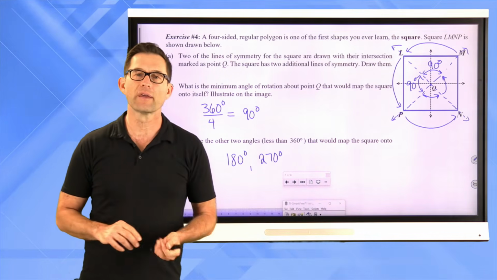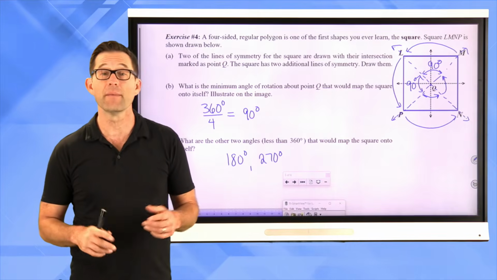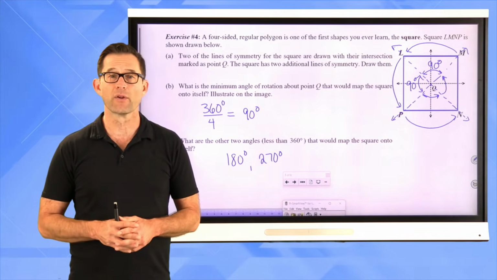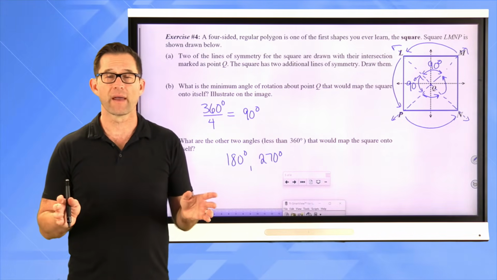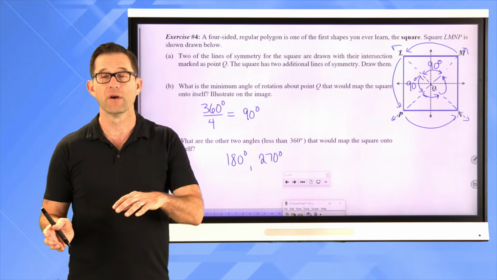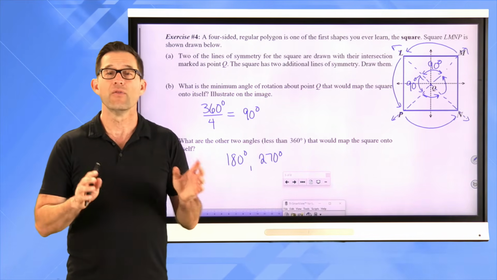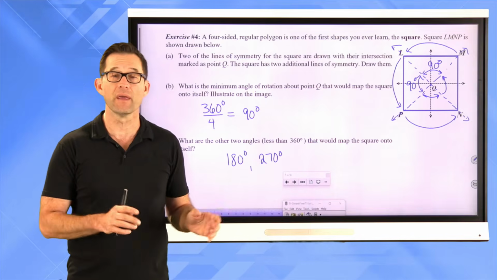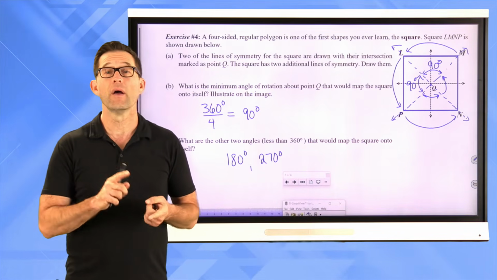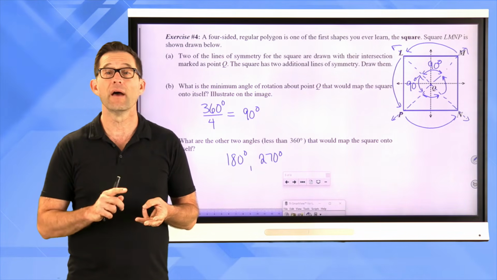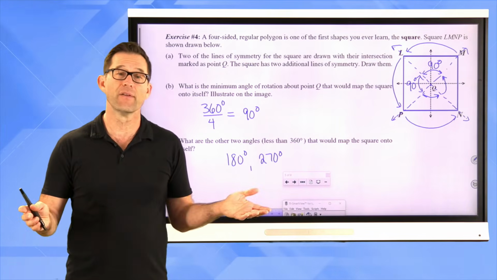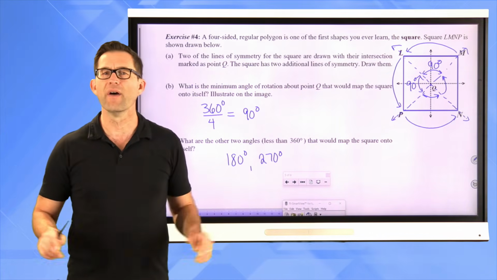Now, I haven't been talking about clockwise or counterclockwise, and maybe I should, but because these are regular polygons, it doesn't really matter whether you're rotating clockwise or counterclockwise. Those angles of rotation will still be, in this case, for a square, 90, 180, and 270. And then the full 360, but again, that's true of any figure.